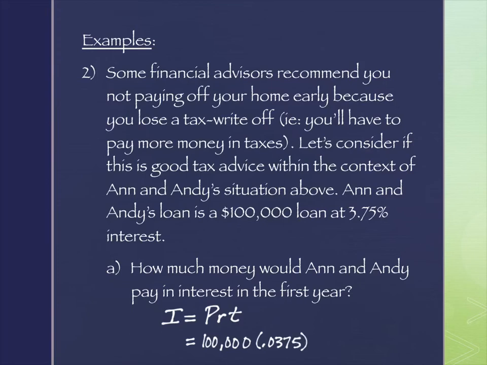And the time is 1 because it's 1 year, right? So how much is the interest that they pay in year 1, approximately? $3,750. It's not exactly perfect, but it's pretty close. $3,750.